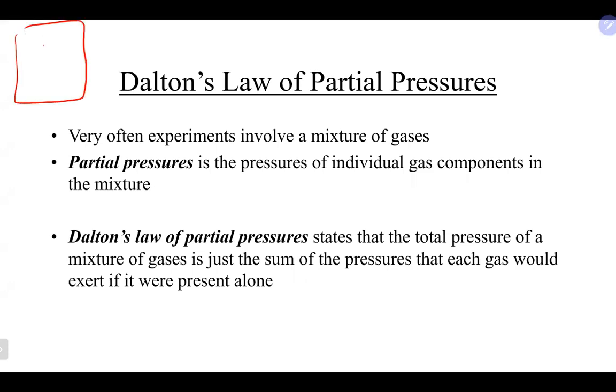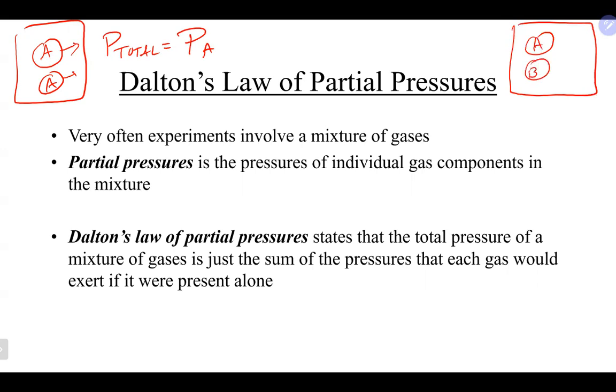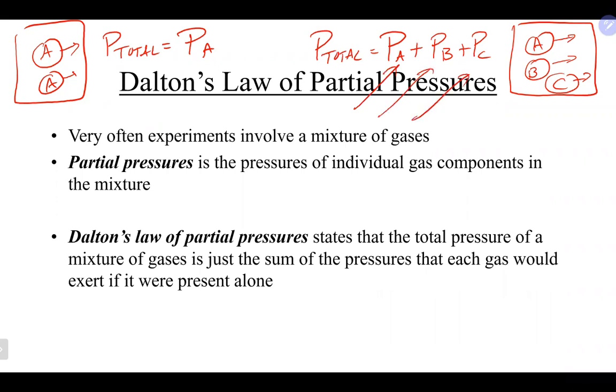The idea here is if we had a container that only had one type of gas molecule, like A, the only one contributing to the pressure of this container is gas molecule A. If we have a container where there are multiple types of gas molecules, say A, B, and C, as they are all flying around, they're all contributing to the overall pressure in that container, which means the total pressure here would be the result of the pressure of gas molecule A, the pressure of gas molecule B, and the pressure of gas molecule C. Those are referred to as partial pressures because they each contribute partially to the overall pressure of the mixture.